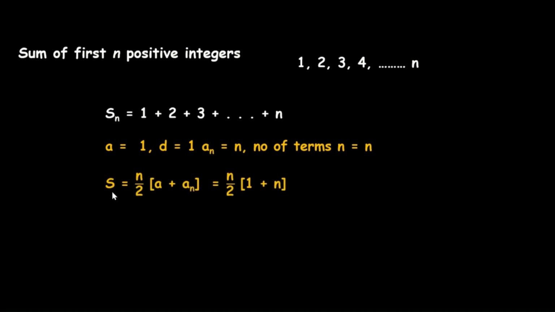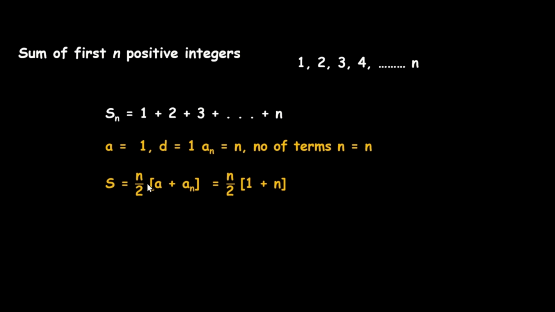So here is our formula, which we saw just a while ago, for the sum of the first n terms of an arithmetic progression. This is S is equal to n by 2 into (a plus a(n)). So n is the number of terms, a is 1, and a(n) is also n.